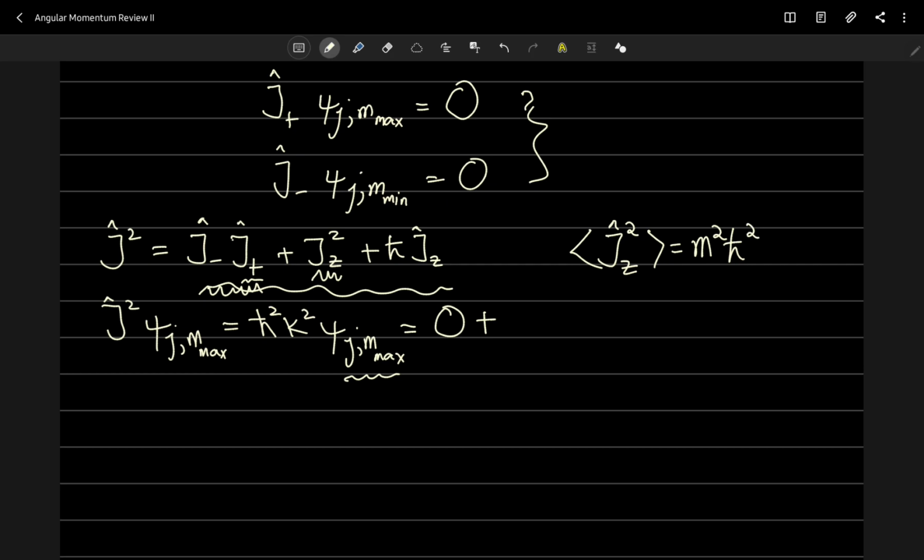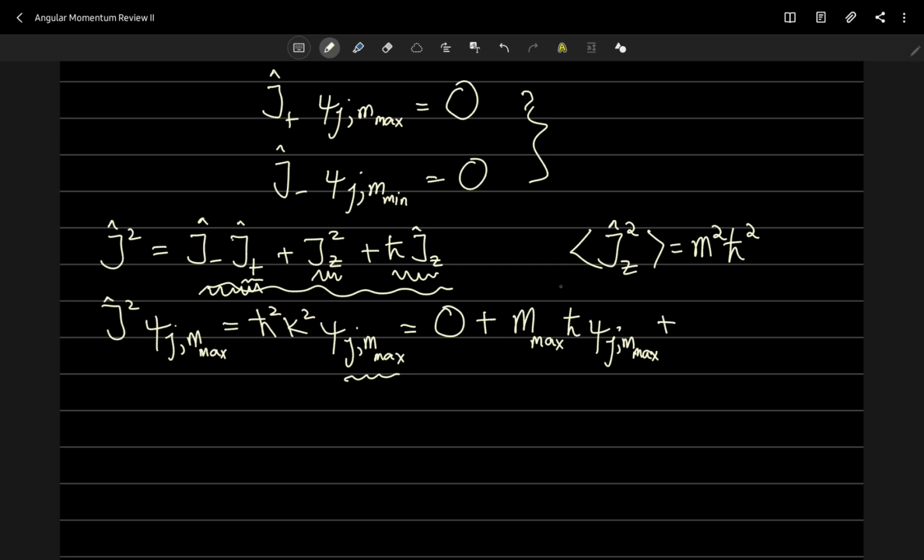So if jz squared acts on psi j m max, that should give you m max squared h bar squared and psi j m max, the same eigenfunction back. And then we have this last term.